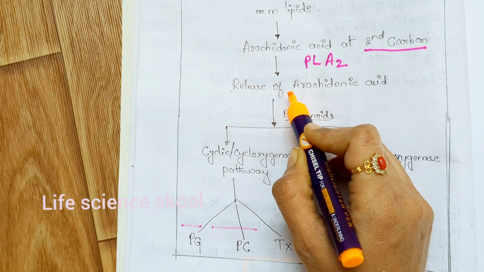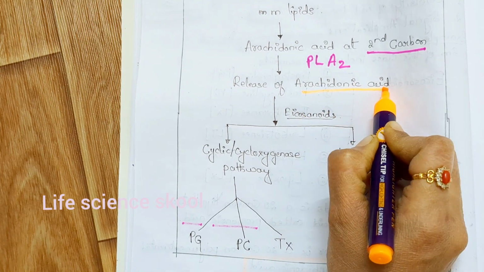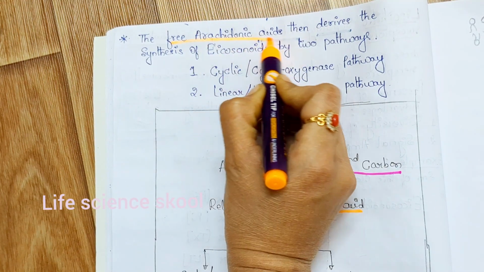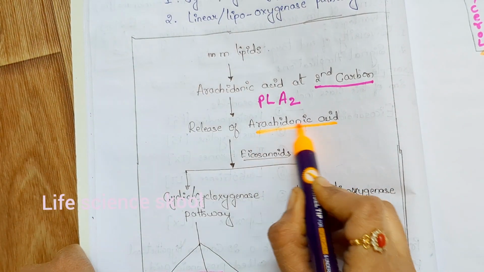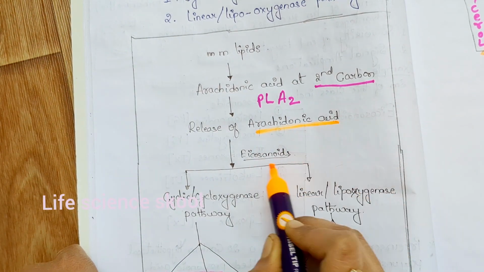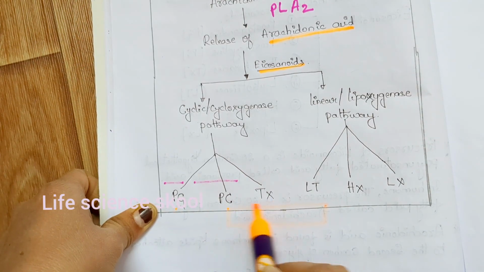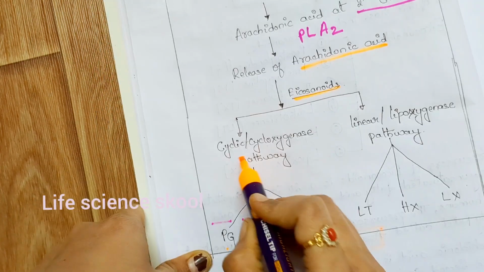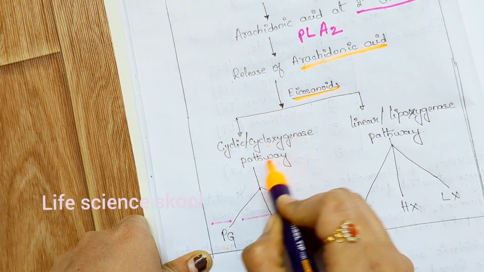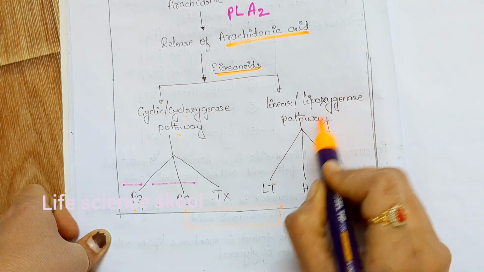That releases the arachidonic acid, meaning the free arachidonic acid is formed, and this released arachidonic acid then drives the synthesis of eicosanoids in two pathways, the cyclooxygenase pathway and the lipoxygenase pathway.